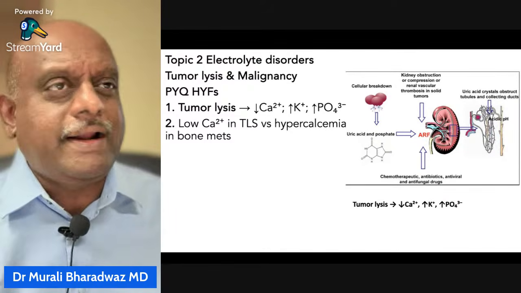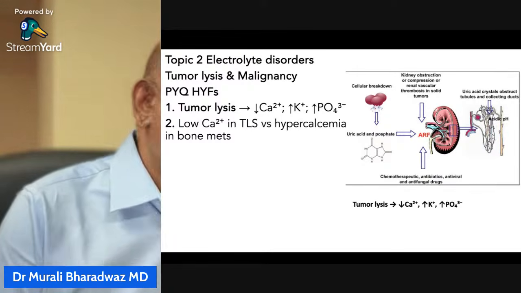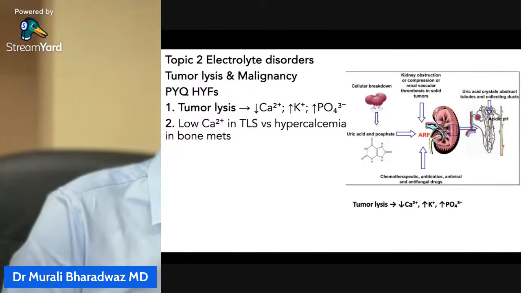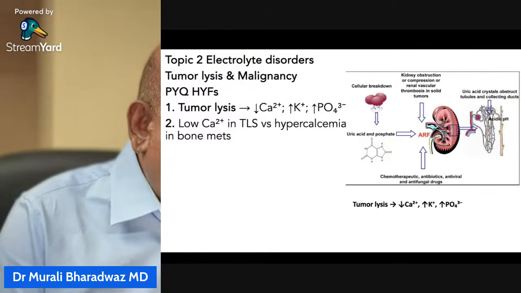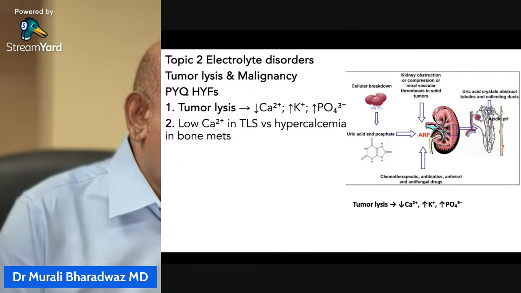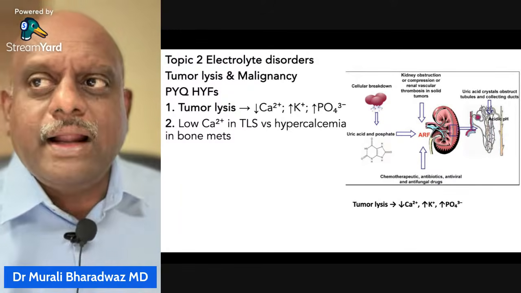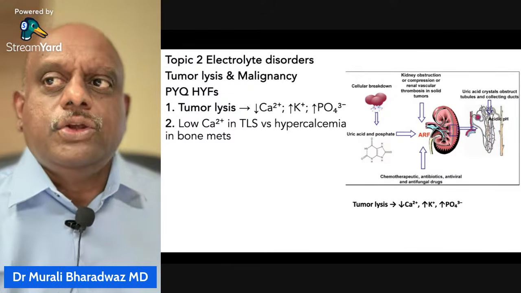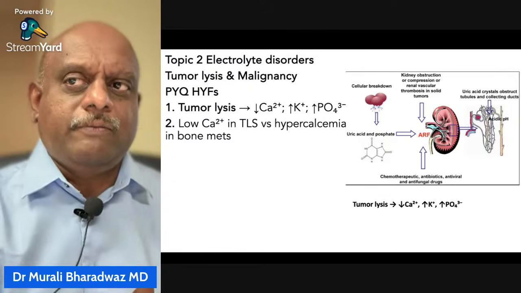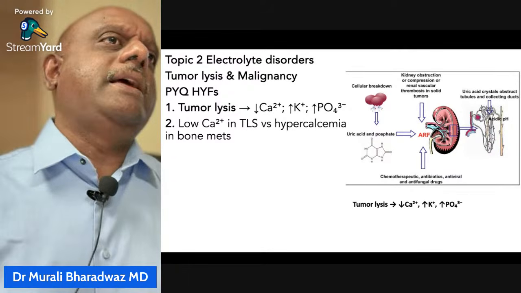Potassium is an intracellular ion that leads to hyperkalemia, and hyperphosphatemia, because normally potassium and phosphate are intracellular. So they both get released. Phosphate sequesters calcium and that leads to hypocalcemia. So hypocalcemia, hyperkalemia, hyperphosphatemia, the combination is called tumor lysis syndrome.